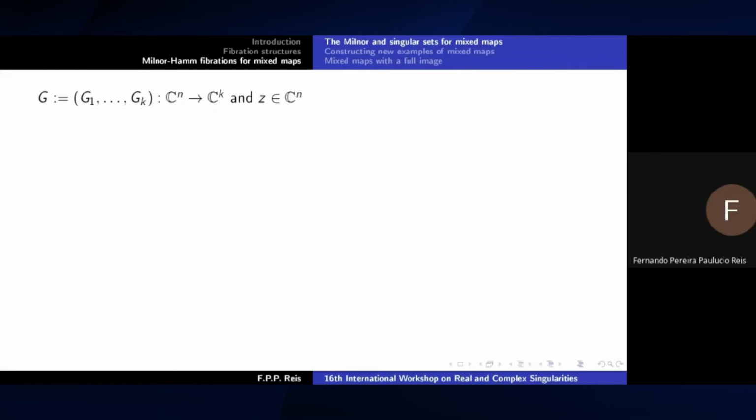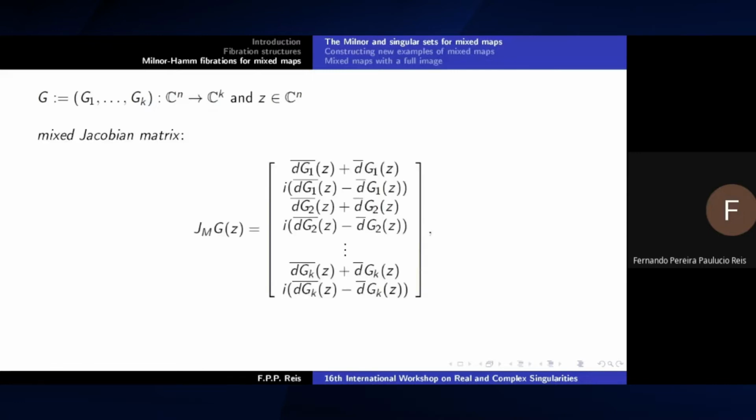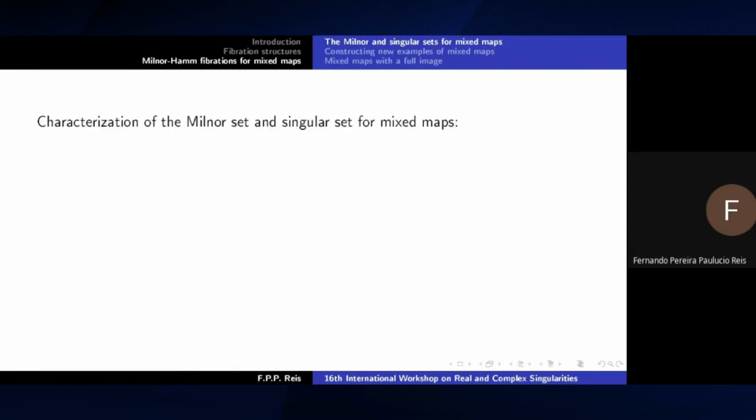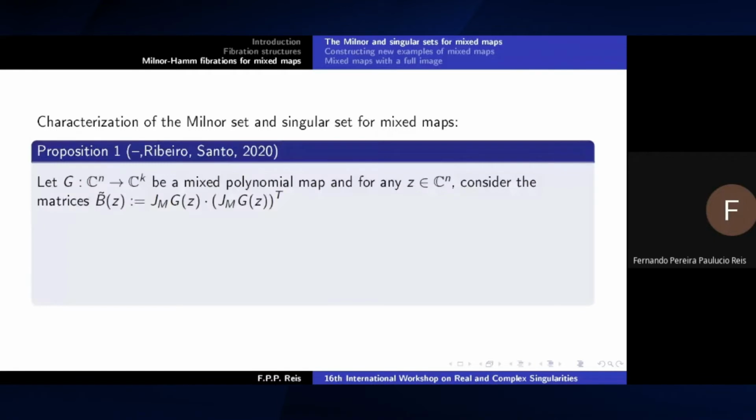For any mixed polynomial map G from C^n to C^k, we consider the mixed Jacobian matrix given by dG and d-bar G, where dG and d-bar G are the holomorphic and anti-holomorphic gradients of G at the point z in C^n. Then we give a characterization of the Milnor set and singular set for mixed maps with the following proposition.